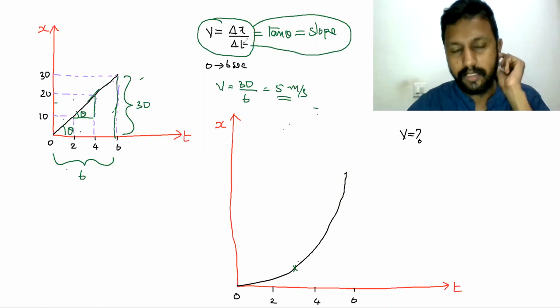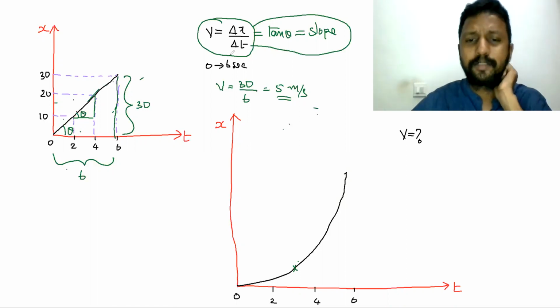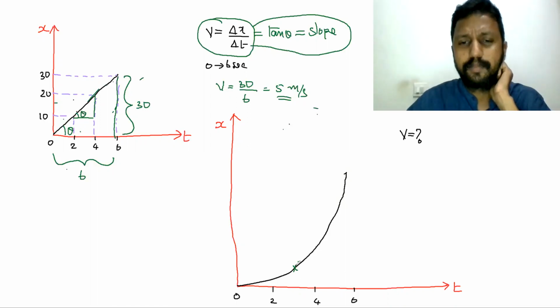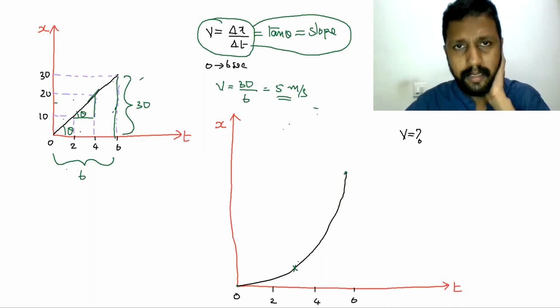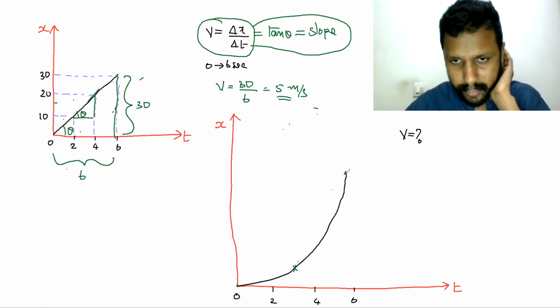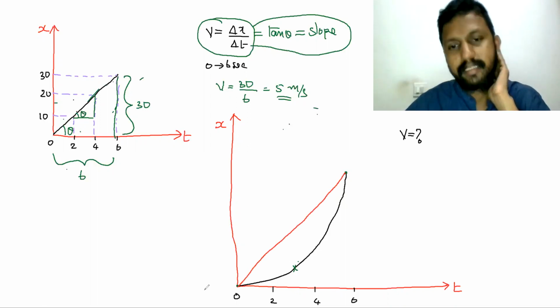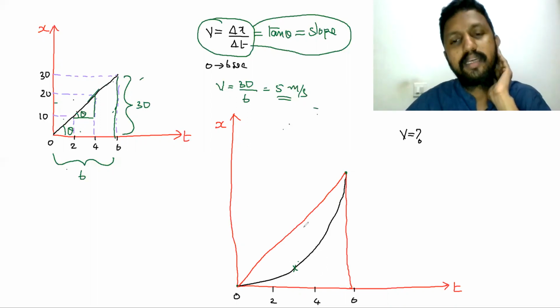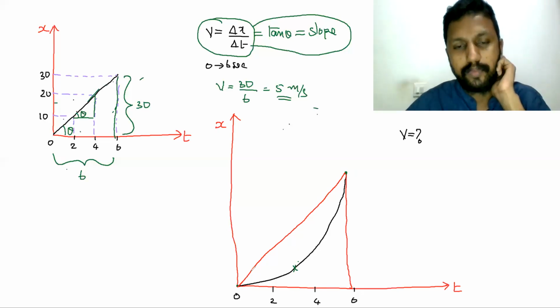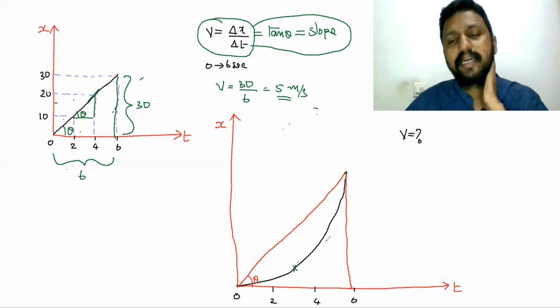In order to find the velocity at this particular instant, let's take one point over here and another point over here. Then let us draw a triangle like this. If we take the tan theta value of this triangle, with this being theta, you will get the velocity.